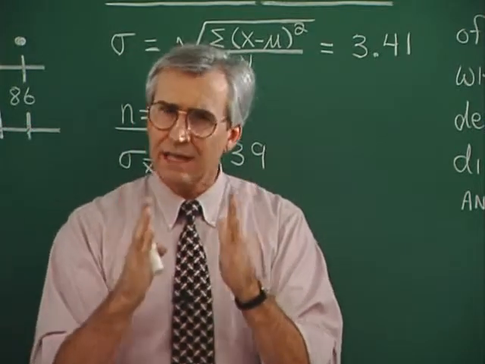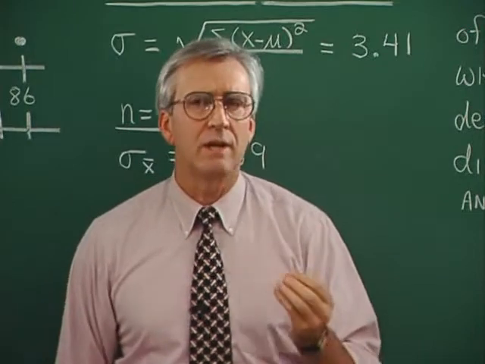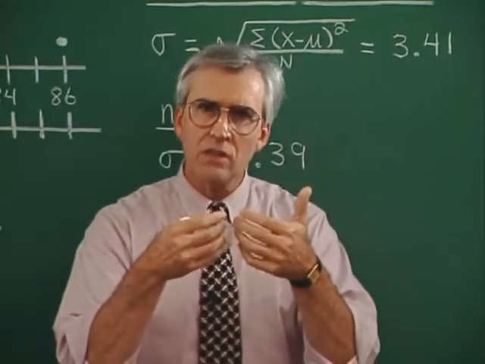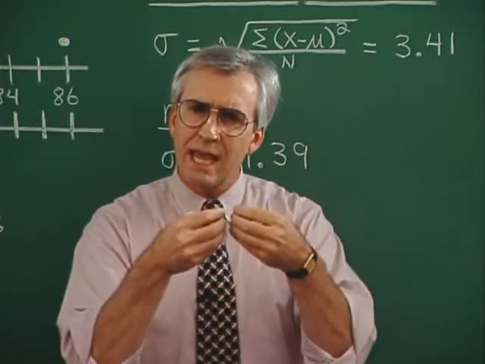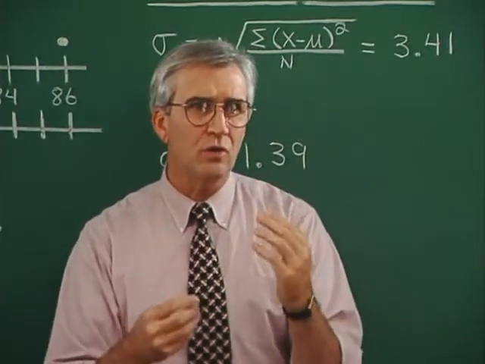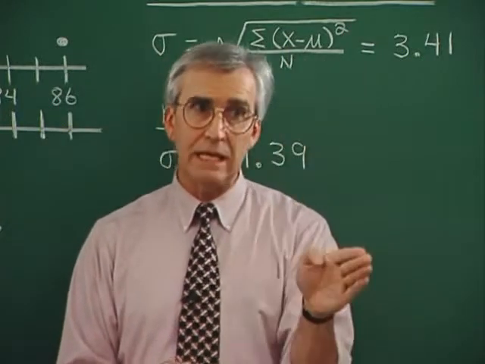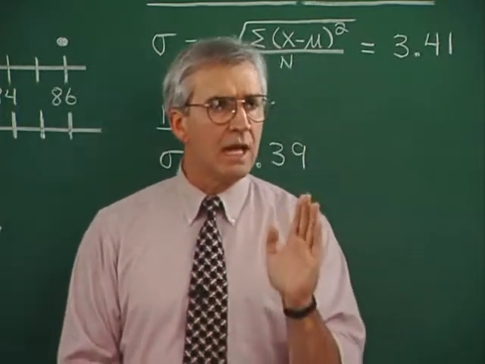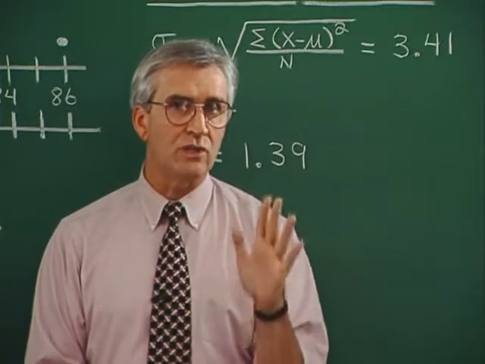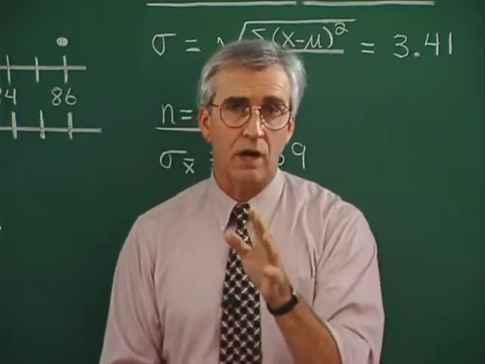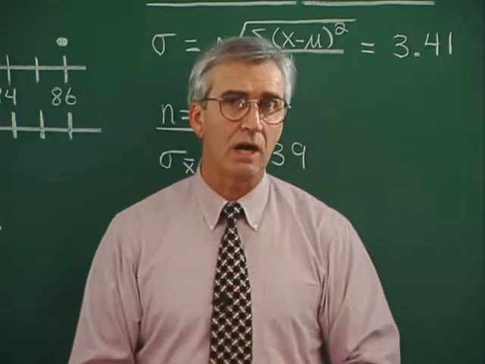That's a very important idea, because if x-bar is going to approximate a parameter, the population mean mu, then we would like that approximation to be as accurate as possible.